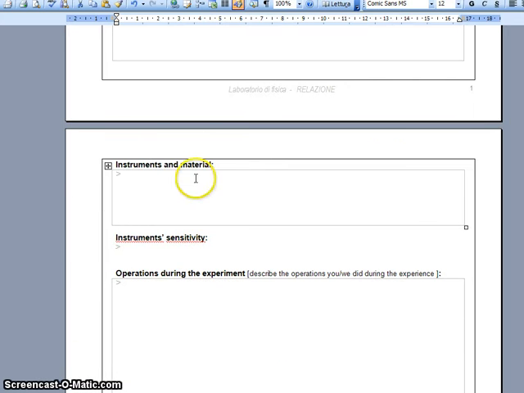In this part we have to speak about the instruments and materials that we used during the experiment. For instance, we used an object with 4 wheels.